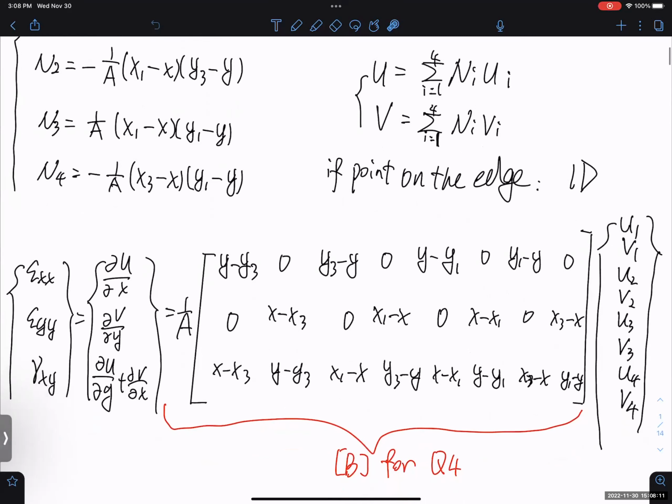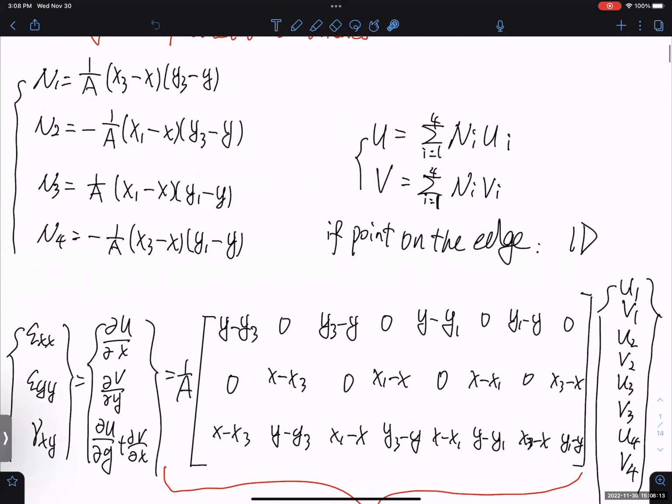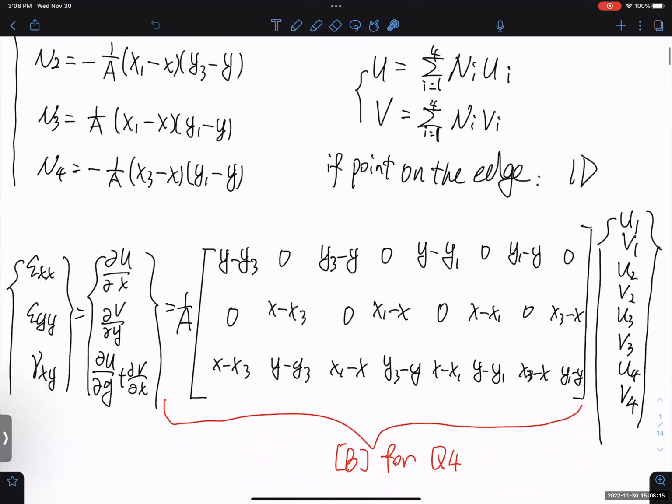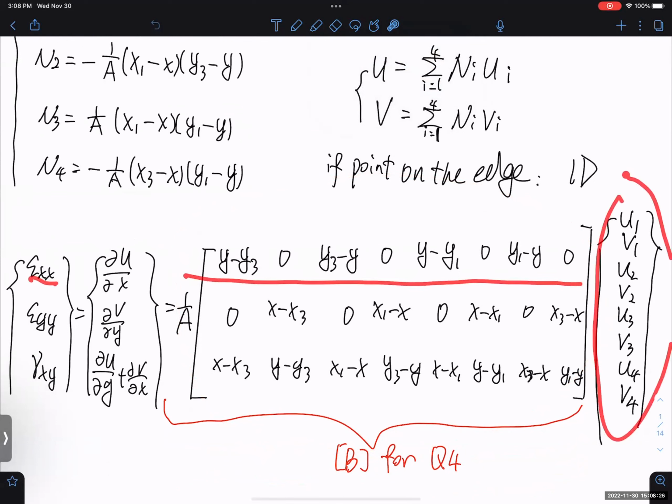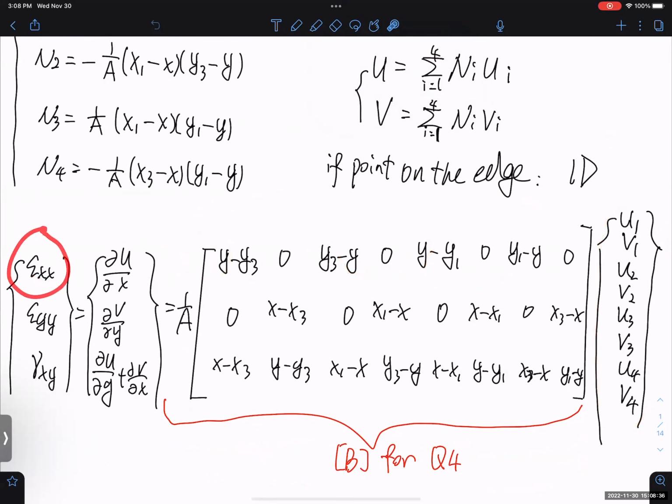Question on 2. So now, an important thing about this B matrix is that, for the strain in the X direction, we know this is a function of Y. So there's a variable Y here, which basically means that the strain in the X direction can represent a linear change in the Y direction.